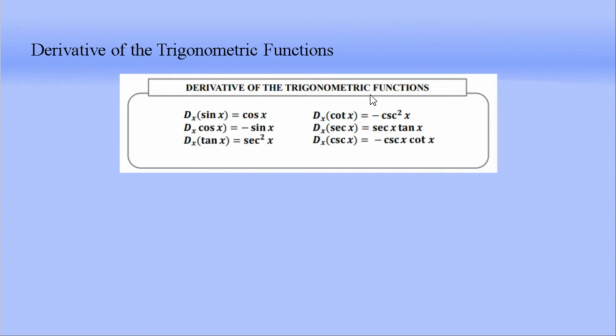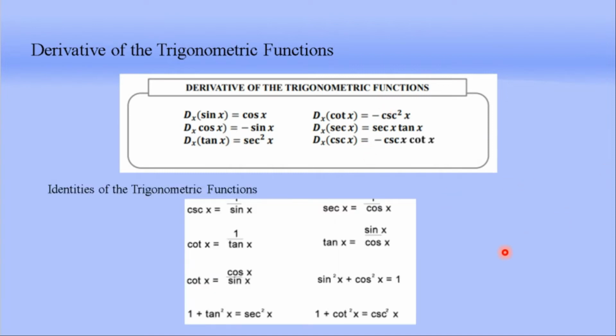And so that was it for the differentiation rules. Now we're going to move on to the derivative of the trigonometric functions. These are the derivatives of the trigonometric functions. You can see this is also found in the module. And these are the identities of the trigonometric functions.